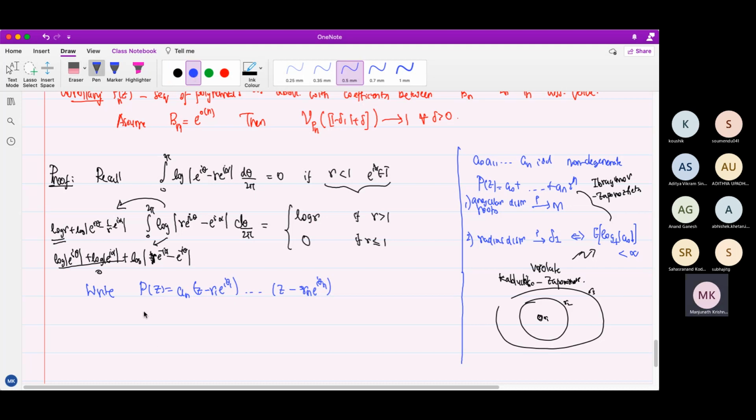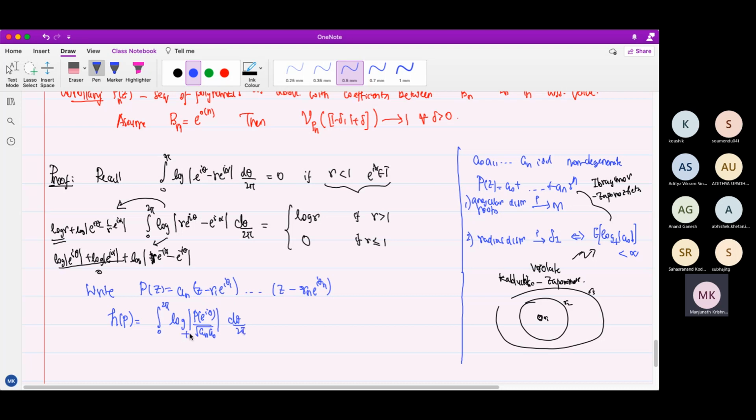And then what is h of p? Let's look at h of p, which is the integral 0 to 2 pi log mod p of e to the i theta over a n, sorry, a n a 0, d theta over 2 pi, right?